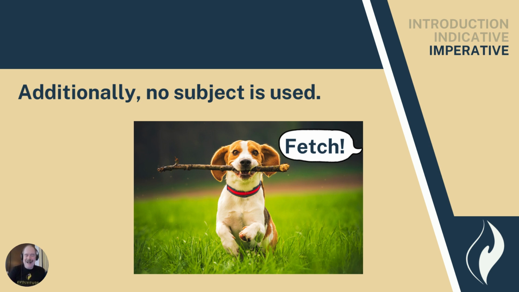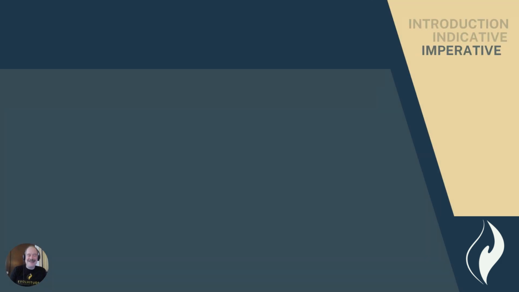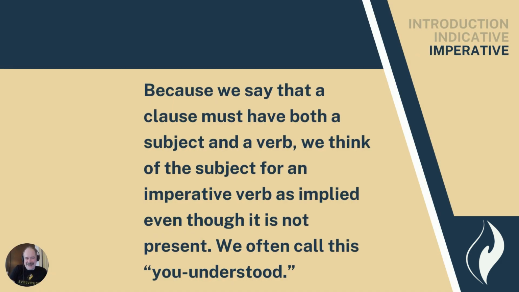And this poses a problem when we want to analyze the grammar of a sentence like this, because we maintain that a clause, and you need a clause for a complete and independent sentence, must have a subject and verb, well, there's just a verb there. We don't see anything in the subject.